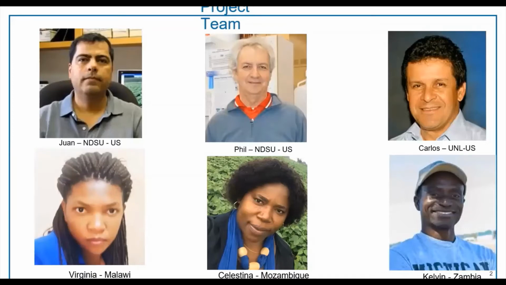Then Virginia from the Department of Agricultural Research in the Ministry of Agriculture in Malawi. Then Celestina, who's the bean breeder in Mozambique from IIAM. And then myself, who's from Zambia.